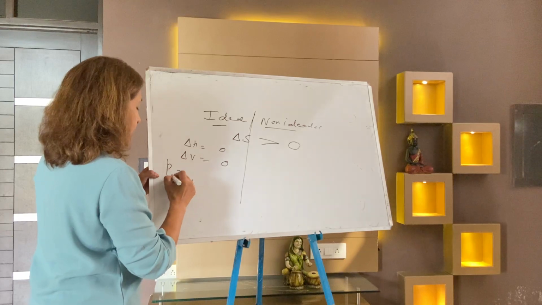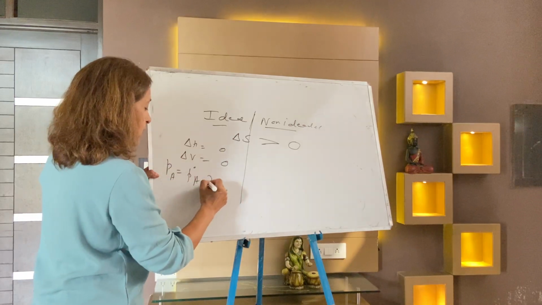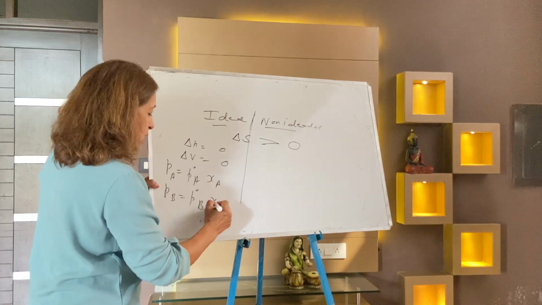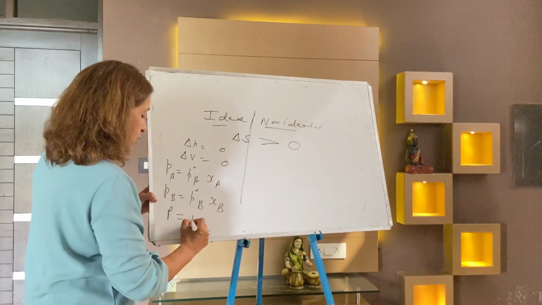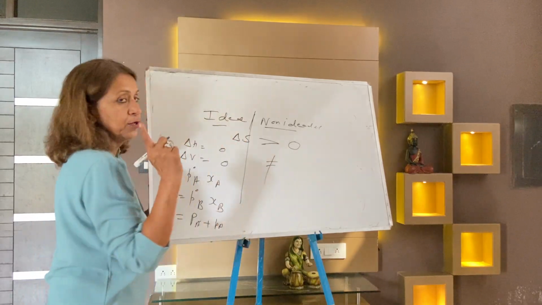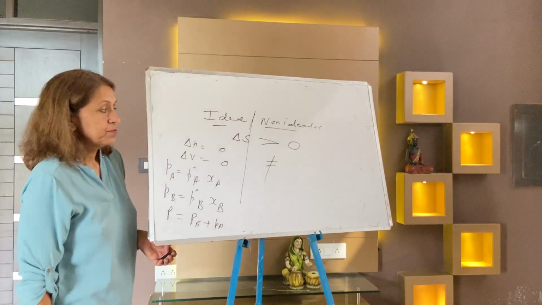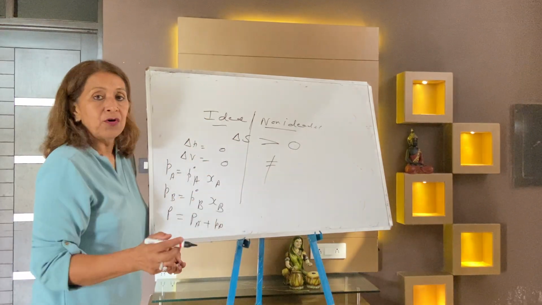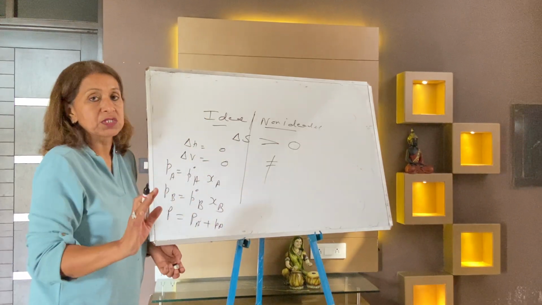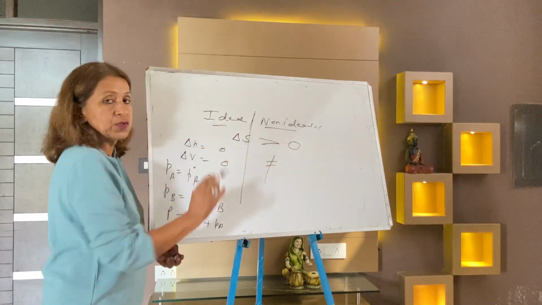PA is equal to P naught A XA, PB is equal to P naught B XB, and P total is equal to PA plus PB. In the non-ideal case, they are not equal. But in both ideal and non-ideal, entropy change is greater than 0, meaning positive.